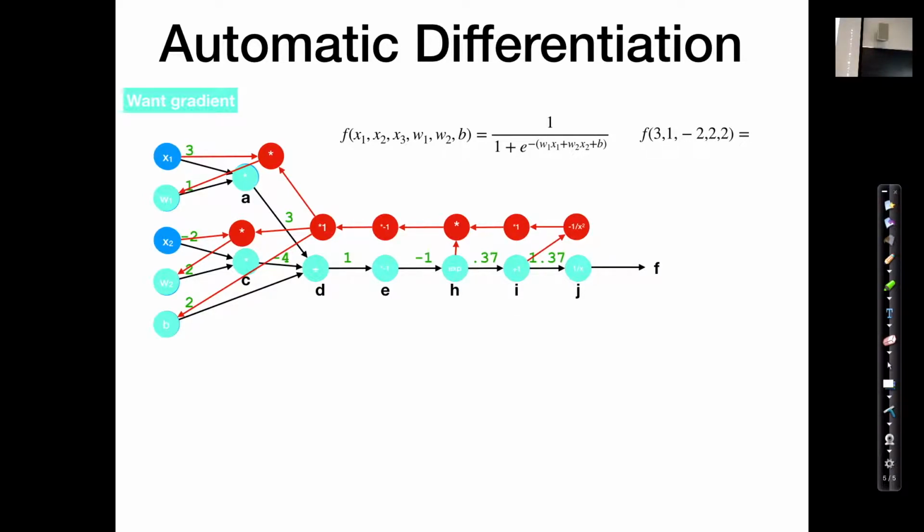This is the 1 over x squared there. And now that we're done with our forward pass, we saved all this information as we were computing our backward paths. And now we can go ahead and just evaluate our computation graph going backwards. And that will then give us gradients for every one of the things we ask for a gradient for.